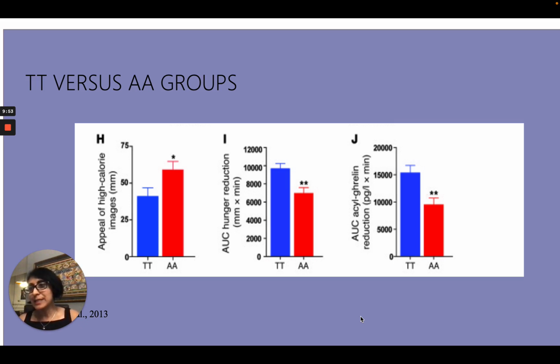So you can see their brain responses in real time. Their functional MRI results reveal that the brains of the two groups responded differently to the food images too. So the differences were most noted in the brain's reward centers. These reward centers respond to alcohol and recreational drugs in the hypothalamus.